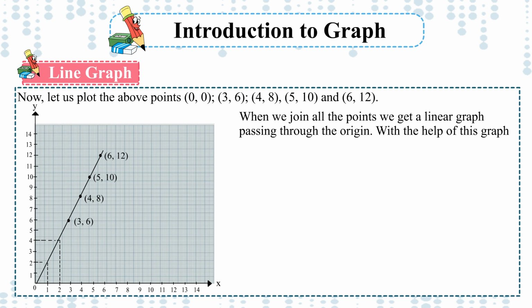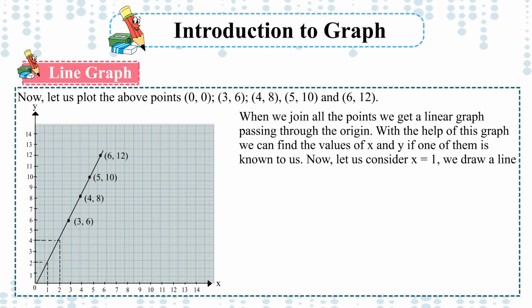With the help of this graph, we can find the values of x and y if one of them is known to us. Now, let us consider x = 1. We draw a line parallel to the y-axis.